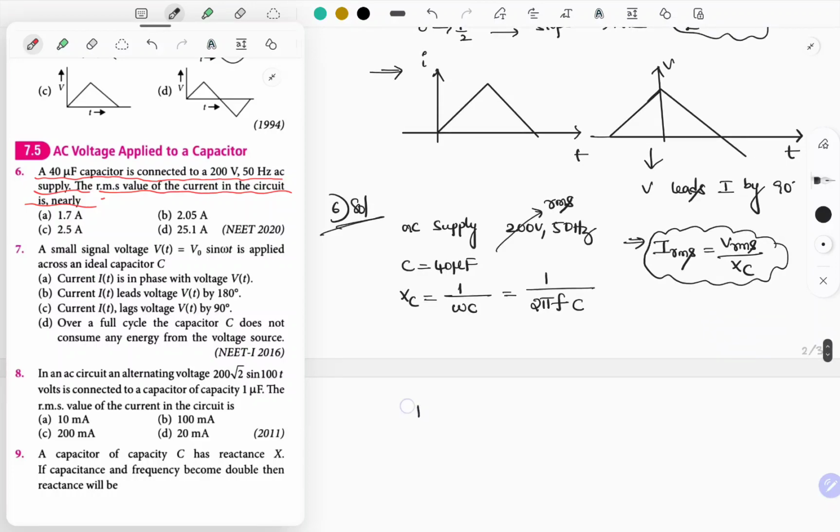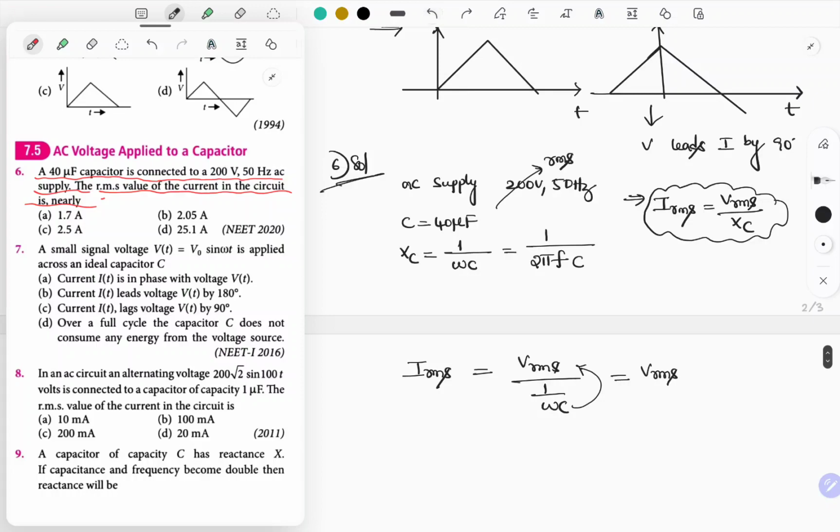Let me substitute. First of all, let me substitute the formula: VRMS divided by 1 by omega C. This omega C goes to the numerator, so we can replace it as VRMS into omega C. Omega is 2 pi F, so 2 pi F into C. VRMS is 200, into 2 into pi into F, which is 50 hertz, and capacitance is 40 into 10 power minus 6.